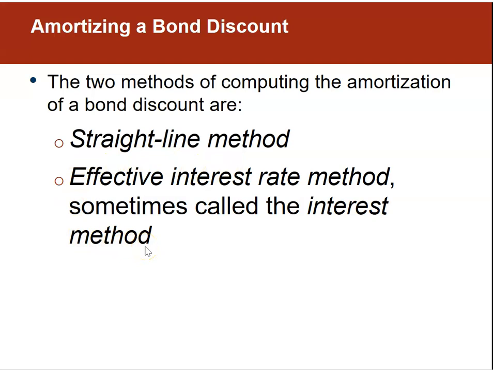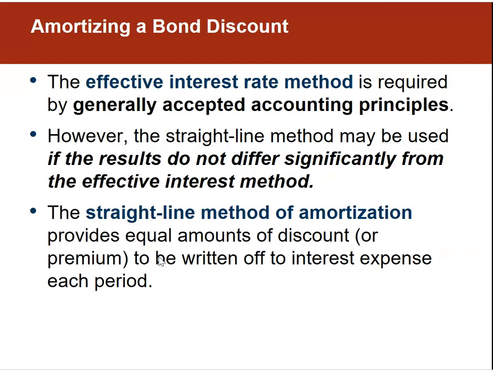All right. We will not be looking at the straight line method in this class because we don't have time, and the effective interest rate method, or the interest method, is the approved method anyway. It says here that the effective interest rate method is required by GAAP. The straight line method can be used if the results do not significantly differ.